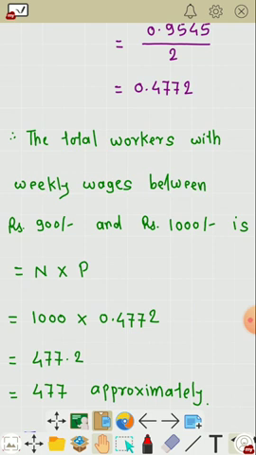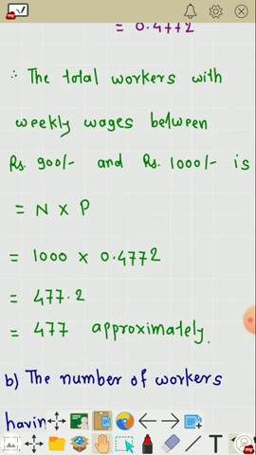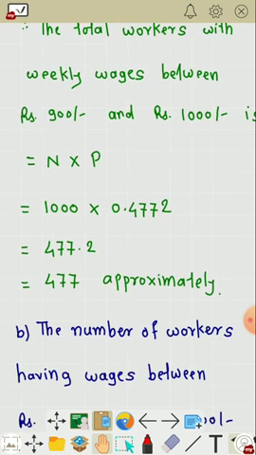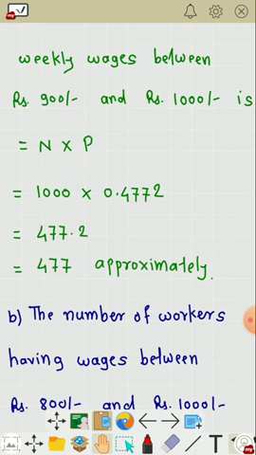Therefore here it is equal to 1000 into 0.4772, and if we take the product it gives 477.2, approximately equal to 477. Therefore the total number of workers having weekly wages between 900 and 1000 is approximately 477.